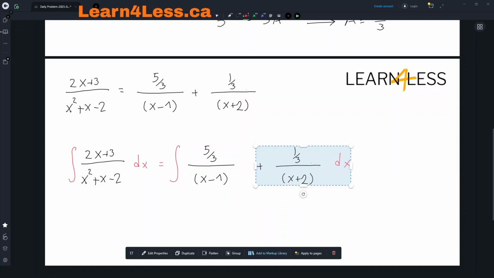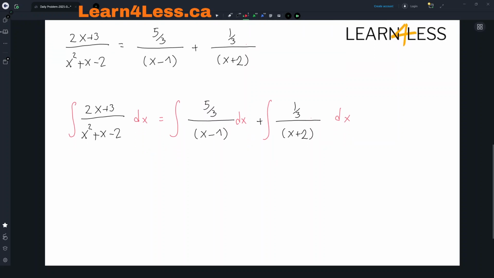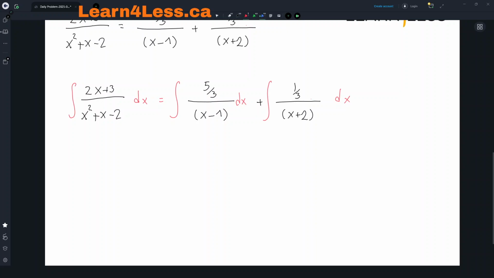I can make it a summation of two integrals. Now it's way easier because in the first integral, I can take out this 5 over 3. I get 5 over 3 integral of 1 over x minus 1 dx. And in the second one, I can take out 1 over 3, 1/3 of integral 1 over x plus 2 dx.